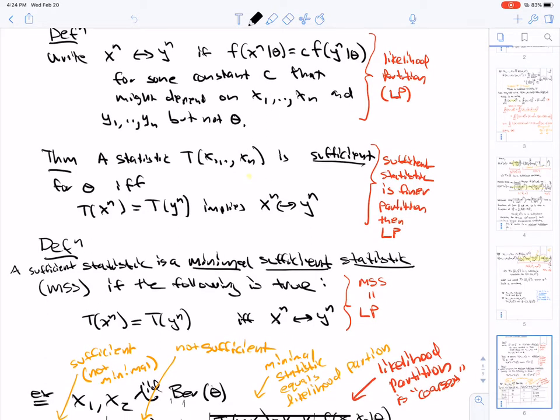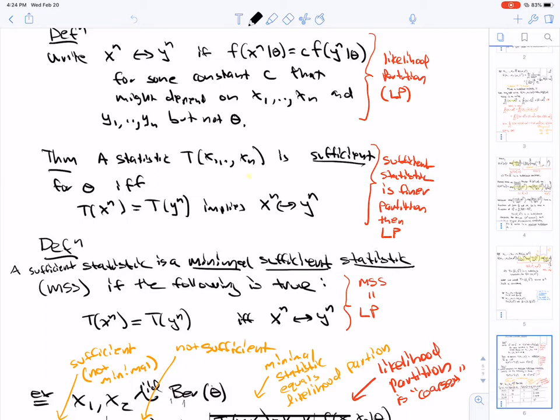So a theorem that's not that hard to see is that a statistic T is sufficient for theta if and only if equivalence under T implies equivalence of our data under the likelihood.